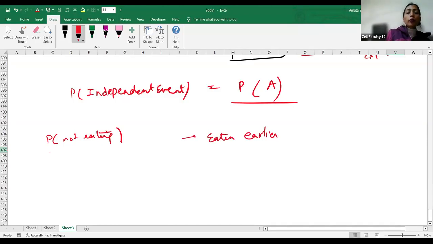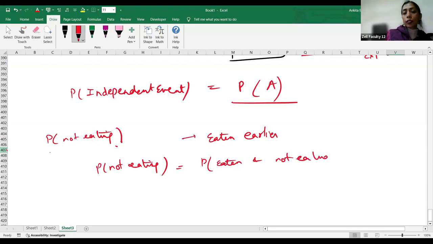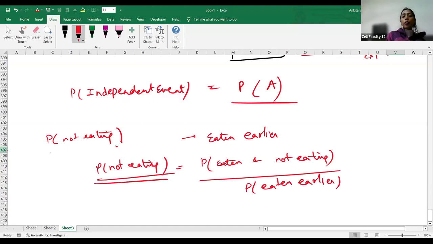So when probability of not eating is calculated, I would calculate probability of not eating as probability that I have already eaten and I am not eating divided by probability that I have eaten earlier. This will give me the probability of not eating.